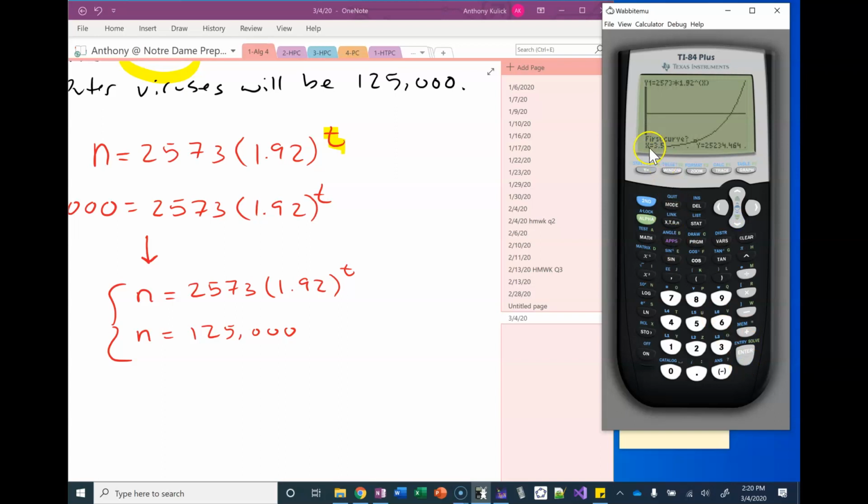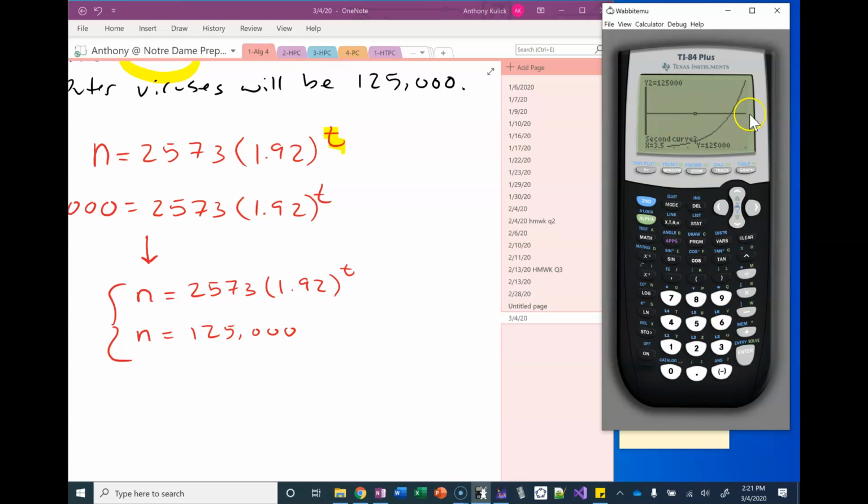So let's scroll down and select the intersect command. If I look at my picture now, the calculator is asking some questions here. First curve. You also notice that there's a cursor now on my function. So this is one of the two functions I want to find the intersection of. Anywhere on here, I can press enter. So that spot looked fine. You'll notice now that my cursor is automatically toggled to the next curve.